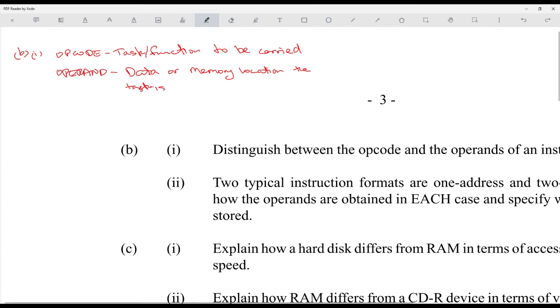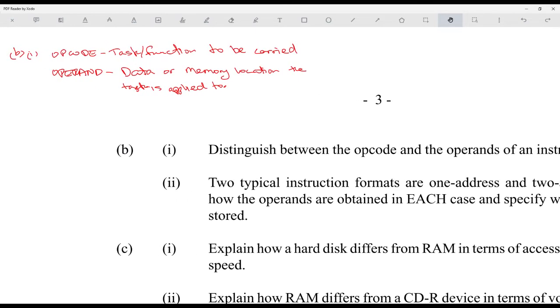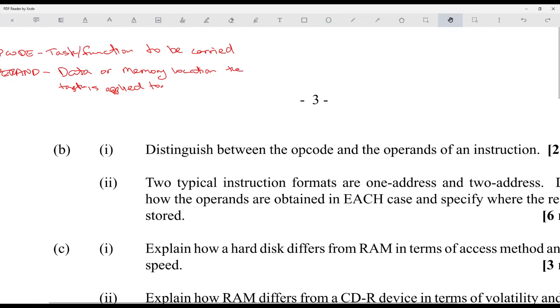The task is applied to, yeah. Anything to that effect, you should be okay. Yeah, 2 marks, so I didn't really want to kill it too much.